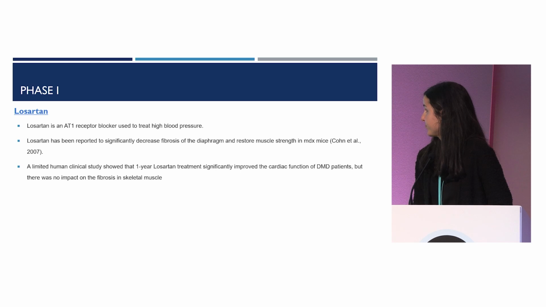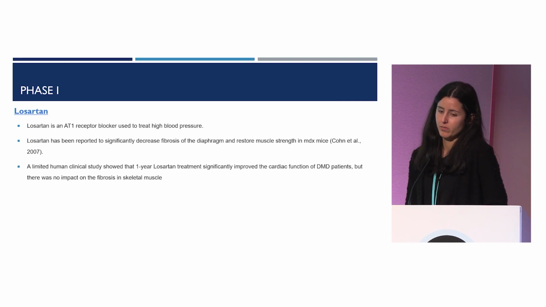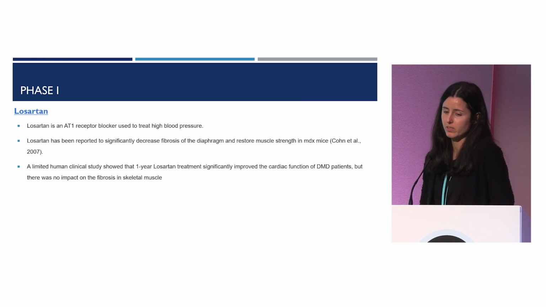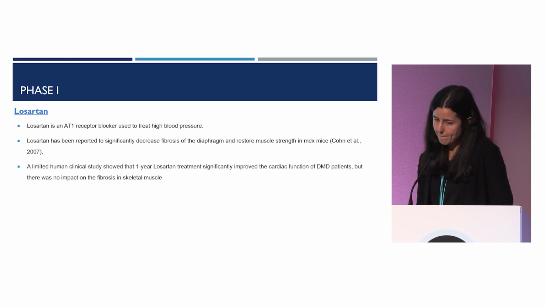However, in the phase 1 clinical trial in patients, although it significantly improved the cardiac function in Duchenne, it didn't show an improvement in reducing fibrosis in the skeletal muscle.